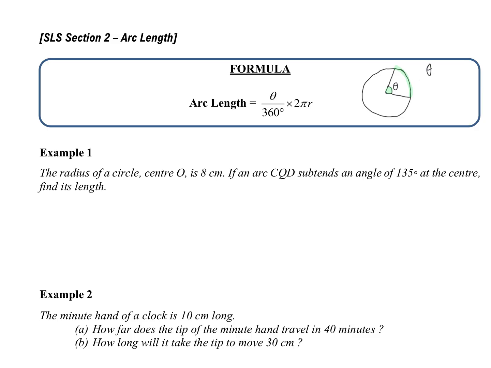So theta over 360 tells me the fraction of the circle that I want. Then I multiply by circumference. Then I can find what is the length of this arc. So this is the formula.